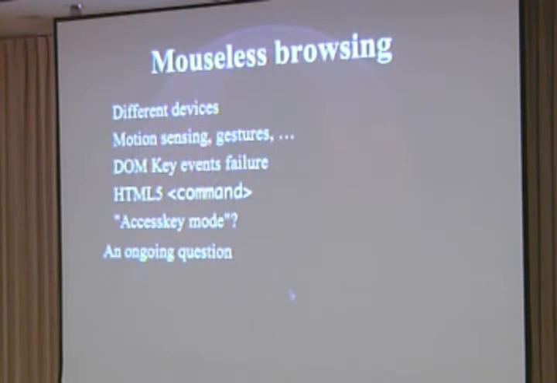HTML5 has an element called command. It's actually a really cool idea. It basically says you can have something, it can have an access key, it can have a shortcut behavior, and the device will work out how the user is going to activate that.